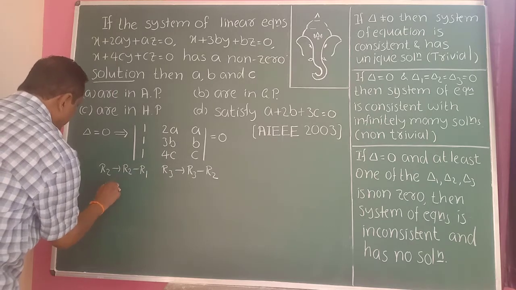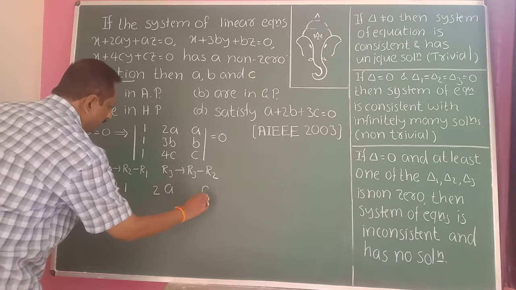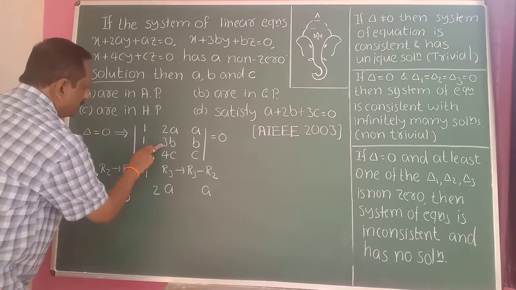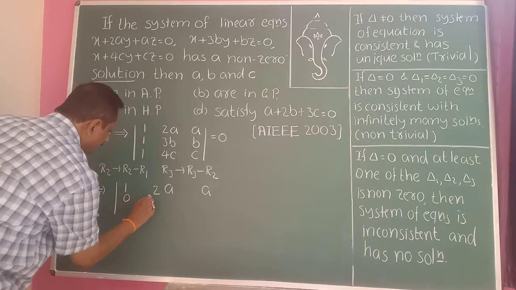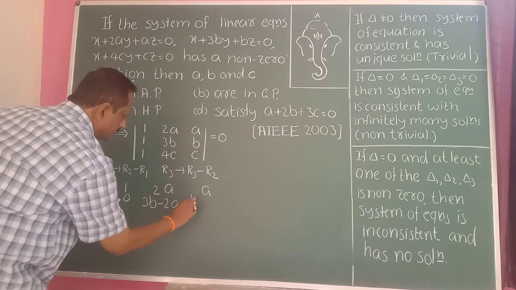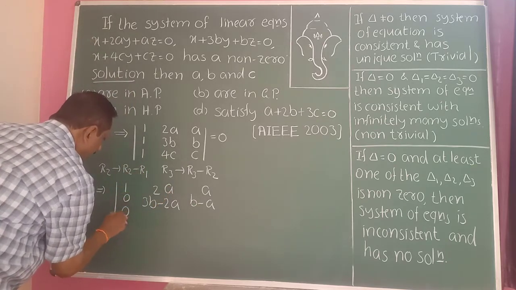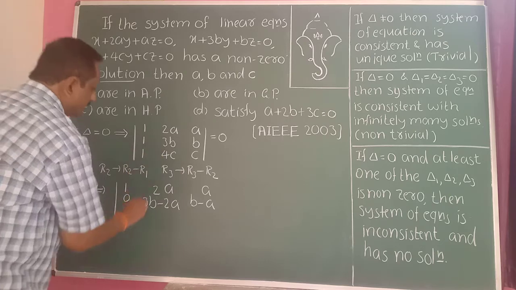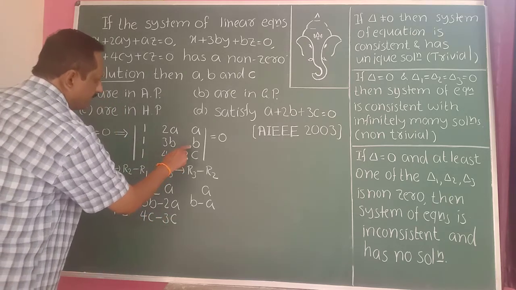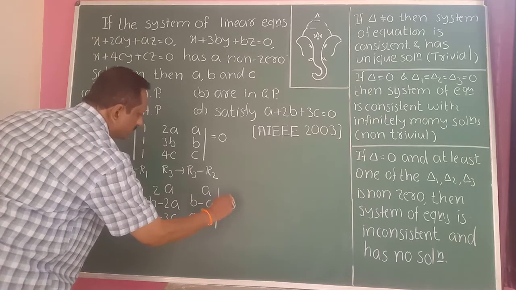Therefore this implies the determinant with rows 1, 2a, a; then 1 minus 1 becomes 0, 3b minus 2a, b minus a; then 1 minus 1 becomes 0, 4c minus 3b, c minus b, is equal to 0.